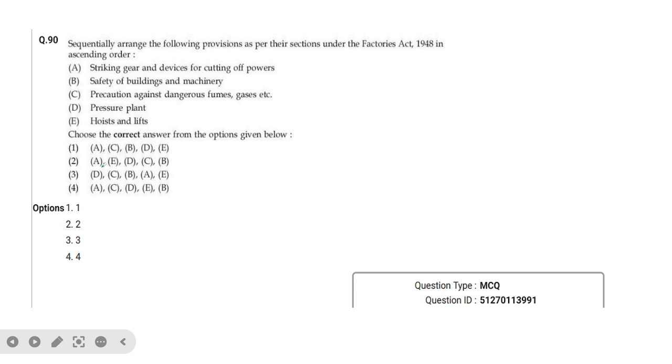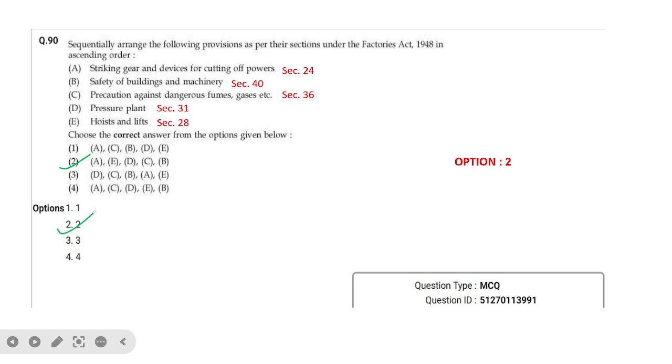Question number 90: sequentially arrange the following provisions as per the sections under the Factories Act of 1948 in ascending order. Ascending order यानी कि सेक्शन छोटे से बड़ा की तरफ हम लोग जाएं. So the correct answer is option 2, starting with section number 24, striking gear and devices for cutting off power. Then section 28, hoists and lifts.